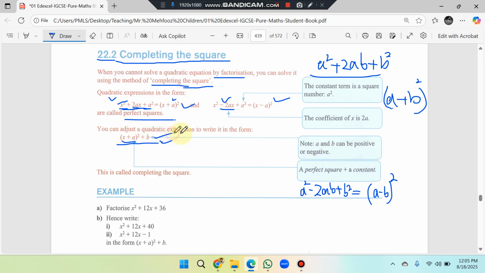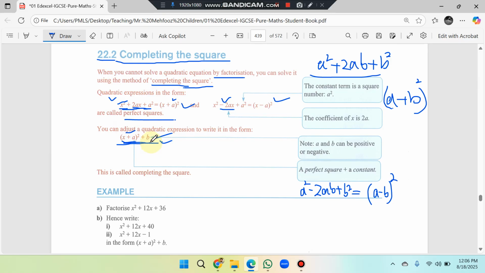B is also a constant, so b can be added to complete the square, because in this expression we have something missing to complete the square. So we add and subtract b in this expression to complete the square. This negative b is inside the square, and the positive b is given there.